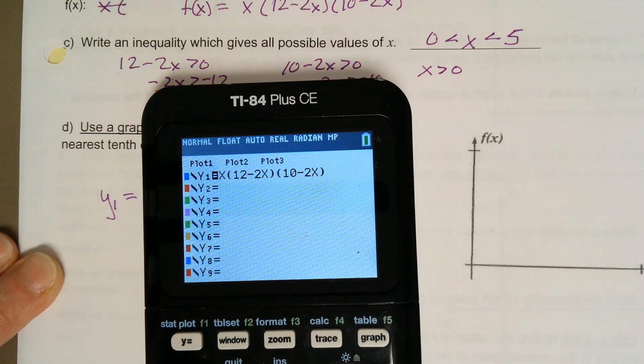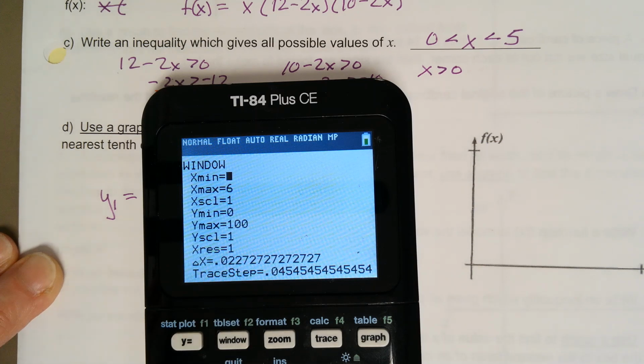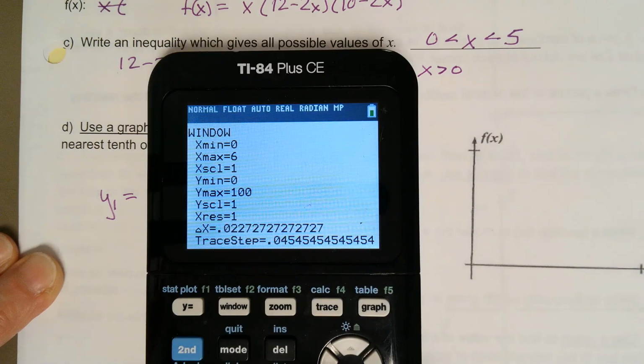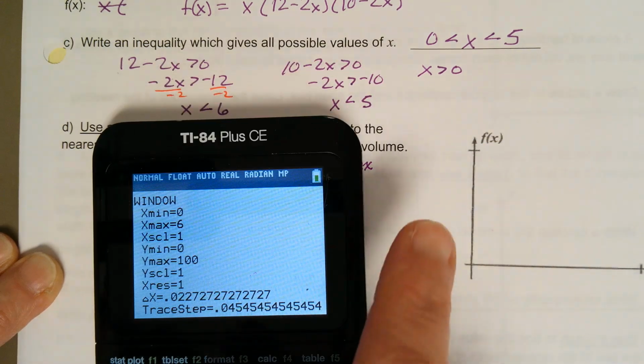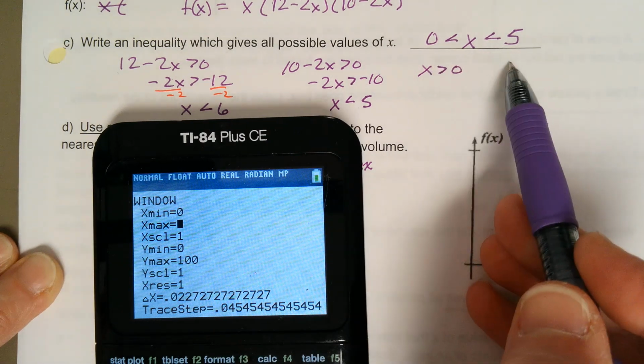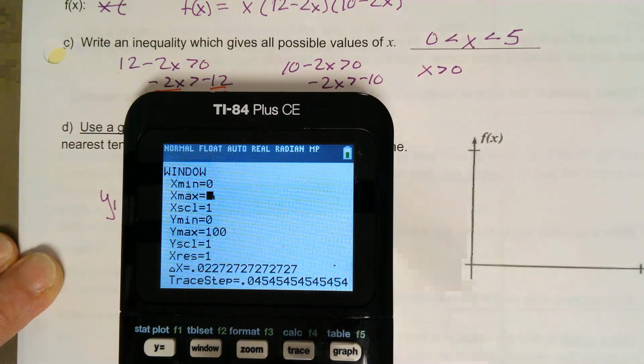Not too sure about the window, but let's see. Our x's have to go from 0 to 5. That we know. I'm not so sure about the y. Right now I have it at 100. I'm going to leave it there.